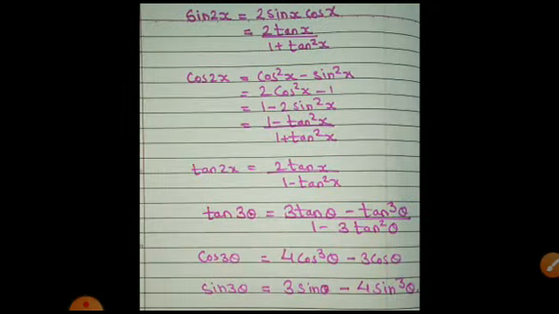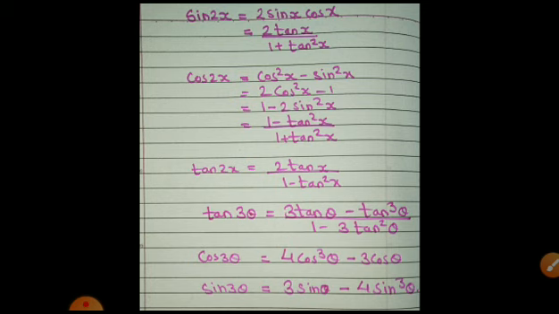Now, before starting with our inverse trigonometric functions derivative, these are identities we have already studied in plus 1: sin 2x, cos 2x, tan 2x, then tan 3 theta, cos 3 theta, sin 3 theta. You have to remember these identities because we need them for solving the derivatives of inverse trigonometric functions.